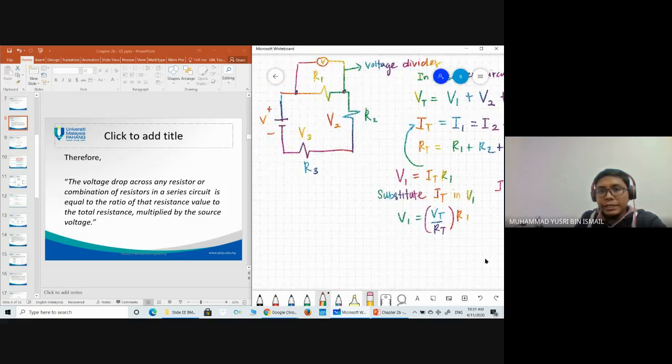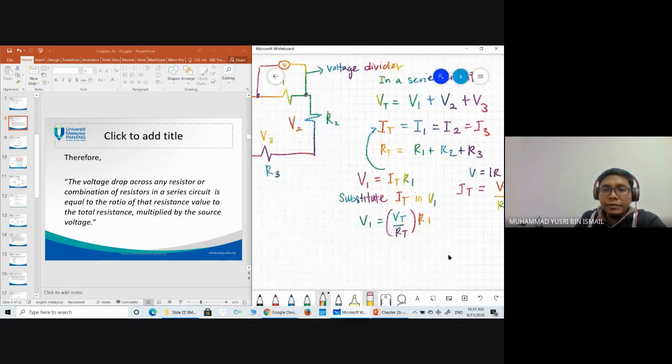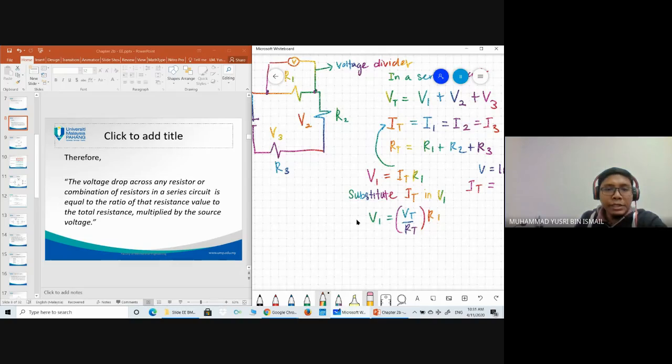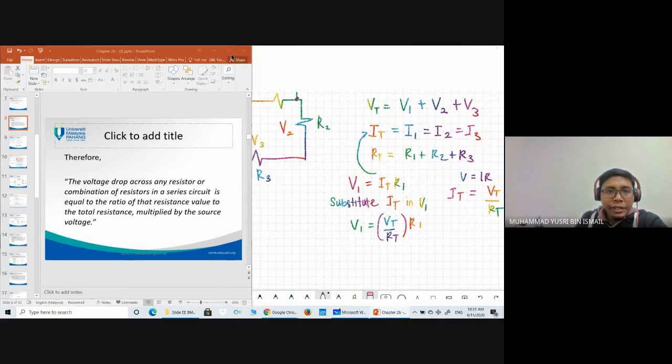So this is another way of determining the voltage. But you must remember the voltage divider only works in a series circuit.